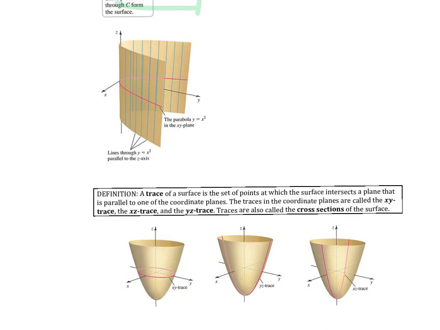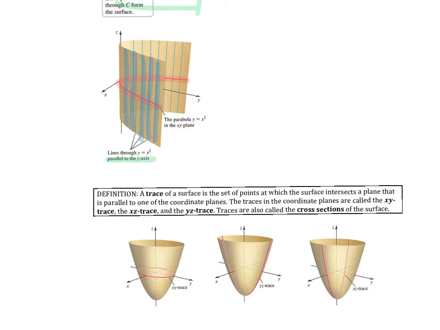Here in red I have my curve C, and I have all these lines passing through my curve C. Notice that all of these lines are parallel to the z-axis.